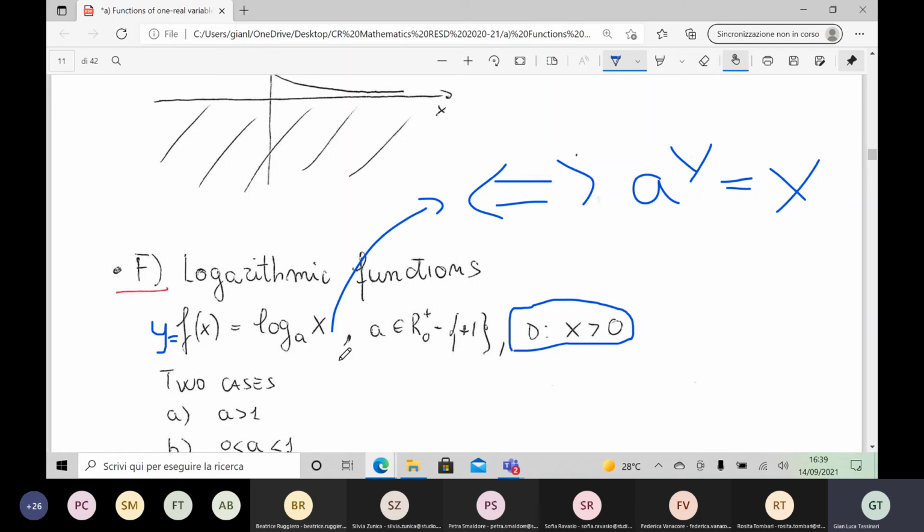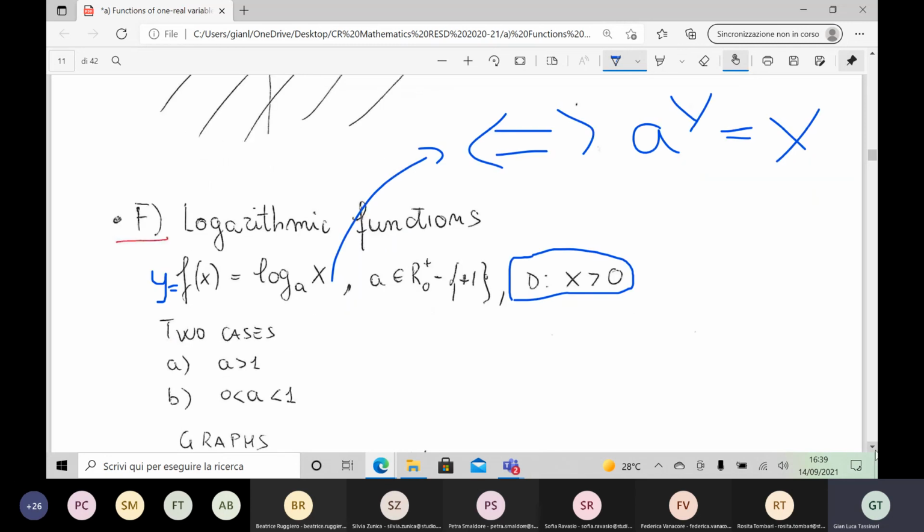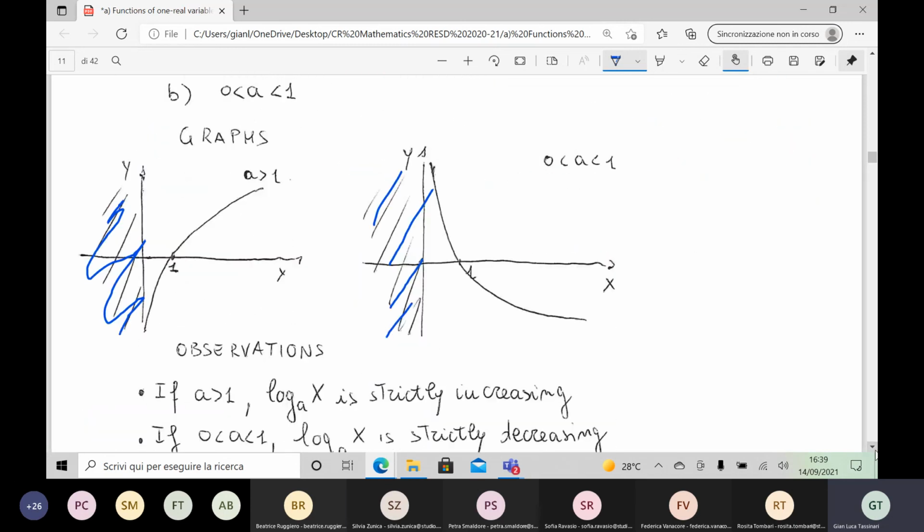However, if you don't remember the property, simply say, what does happen when y is equal to 0? Which is the point of intersection of the logarithm with the horizontal axis? You have to put y equal to 0. So apply this definition, a to the power 0 is equal to 1, so x is equal to 1. In fact, as I wrote here, all the logarithms pass through the point 1, 0, 1 abscissa and 0.